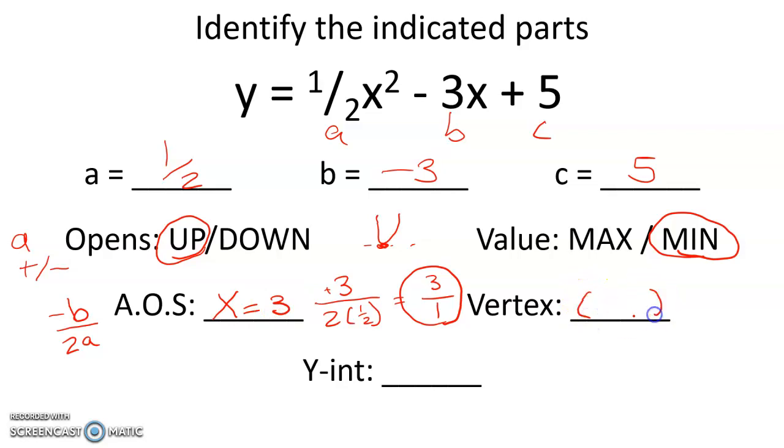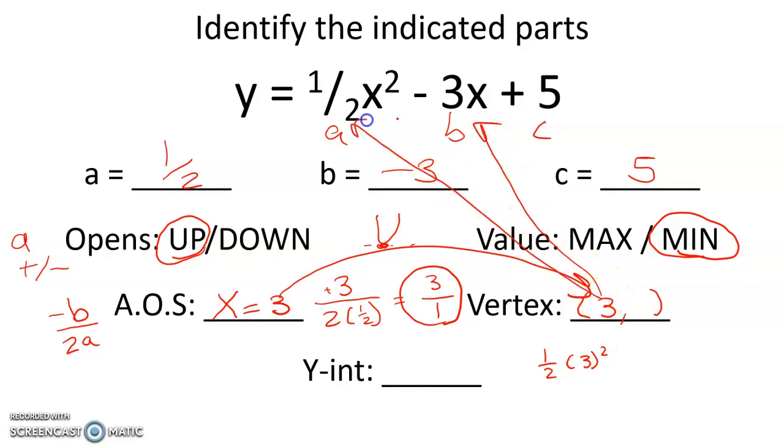For my vertex, the axis of symmetry is the x value. To get my y value, I'm going to plug this in for all of the x's up here. 1/2 times 3 squared minus 3 times 3 plus 5. 3 squared is 9, minus 3 times 3 is 9, plus 5.